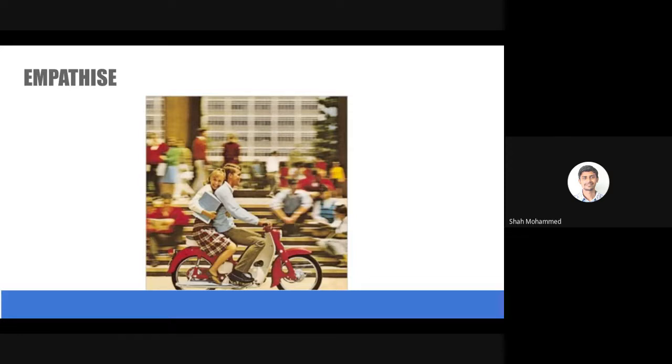They never had a solution. Now Honda came across this big population who were not looking for 350cc bikes. They found this out because they lived like a customer among the customers, and they understood these were the issues. So instead of a 350cc bike, what these people needed was a 50cc bike.